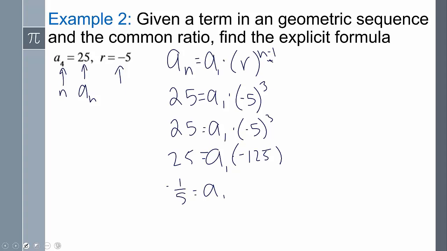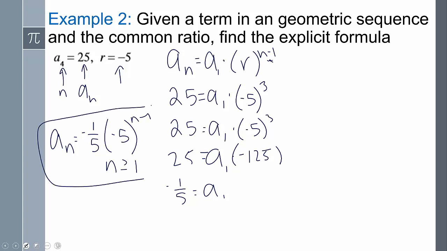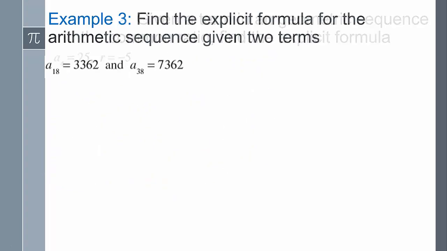So then plugging everything back in, I'm going to get a sub n equals my a sub 1 times my r to the n minus 1, where n is greater than or equal to 1. So once again, different formula, same idea. We have to set it up and then be able to solve it.